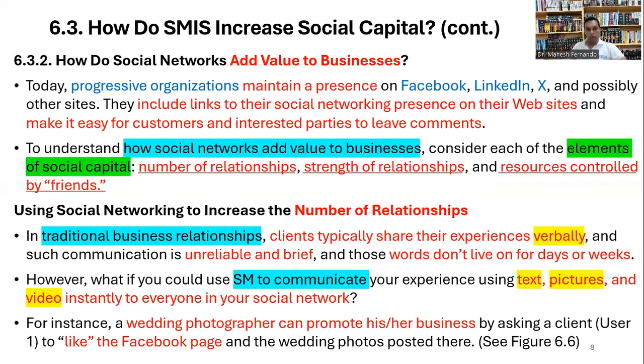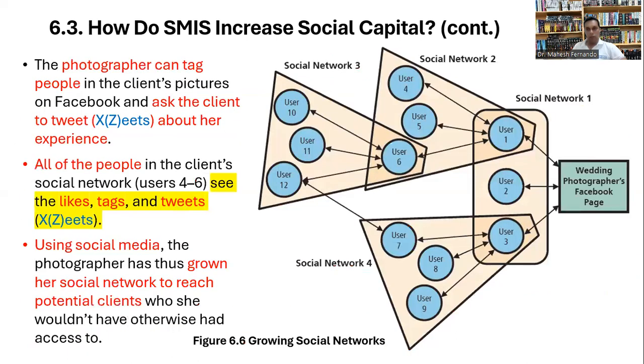For instance, a wedding photographer can promote his or her business by asking a client to like the Facebook page and the wedding photos posted there. In the picture, Figure 6.6 on the next slide explains this. This is the wedding photographer's Facebook page.